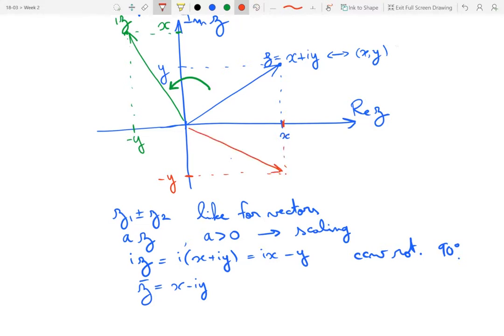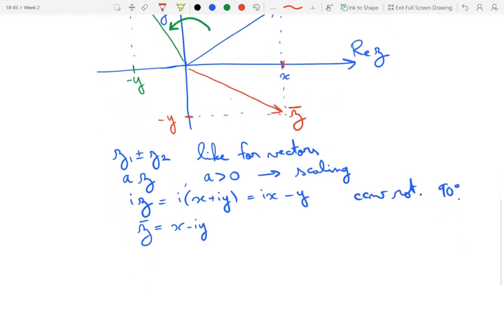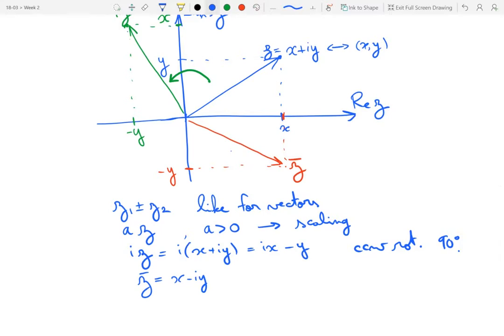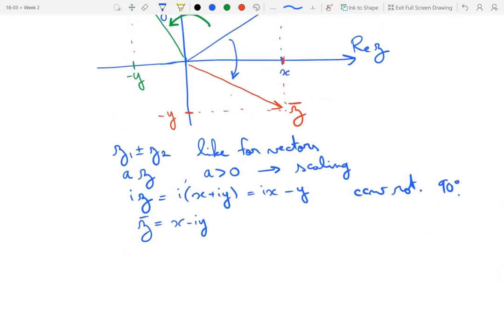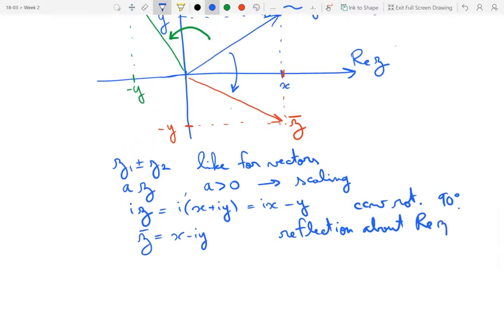So this is what is going to be now the complex conjugate of z. Here it is, and the operation that gives you now the red vector from the blue is a reflection about the real axis. Conjugation: reflection about the real axis.